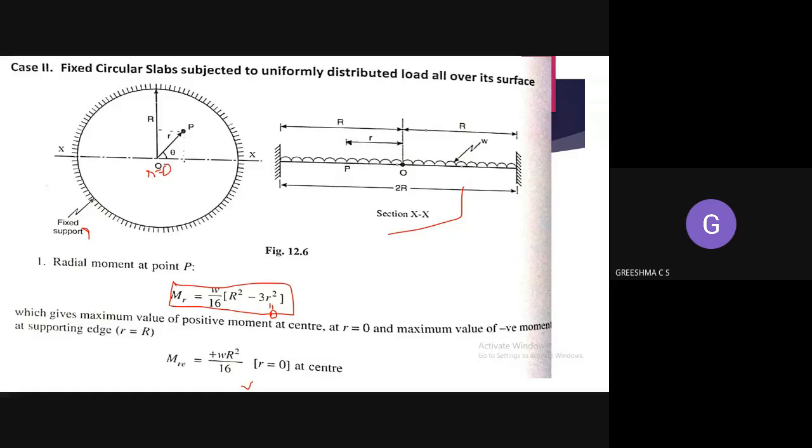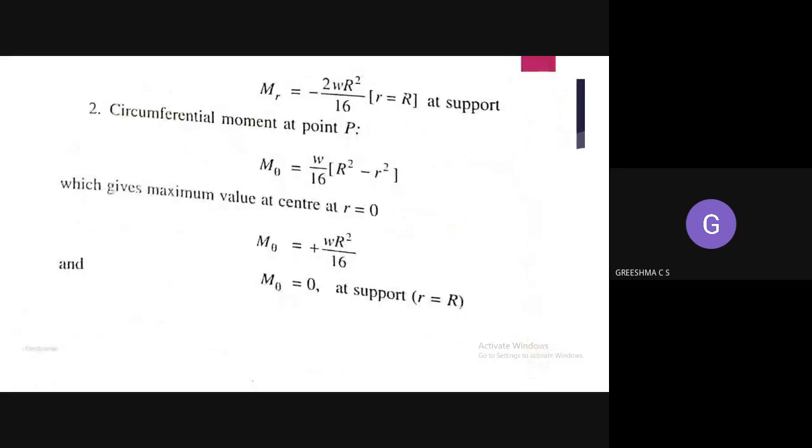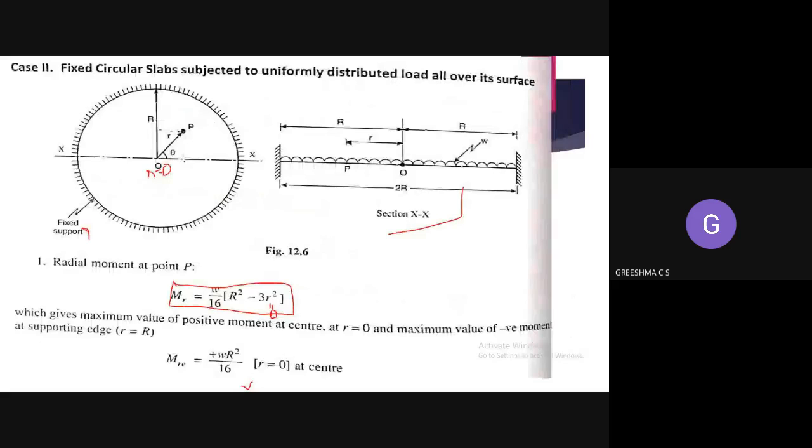So for the support moment you substitute r is equal to R. If you substitute small r equal to big R, you will get minus W R square divided by 60. So with the same equation, you can substitute r is equal to R to find the moment at the support.